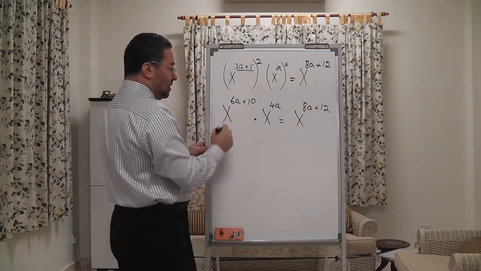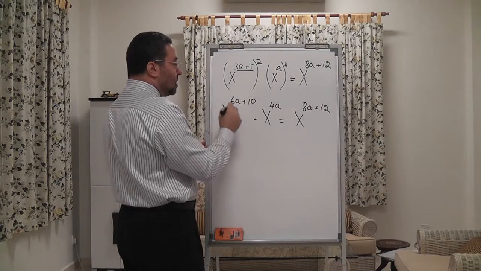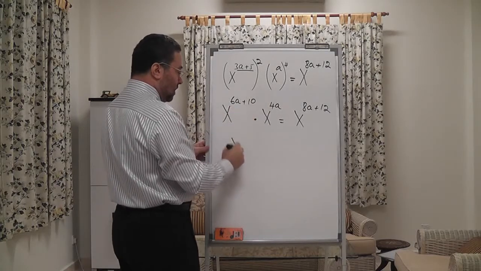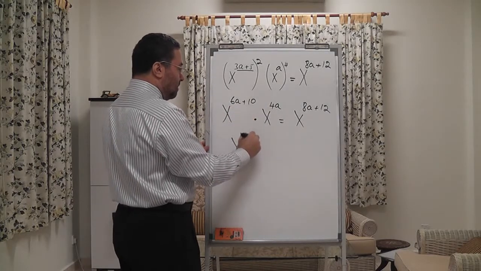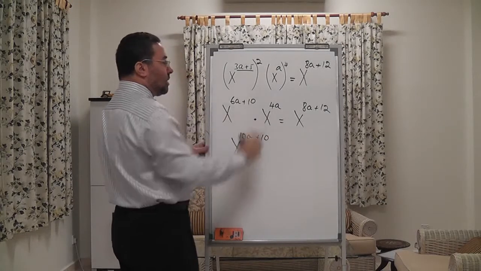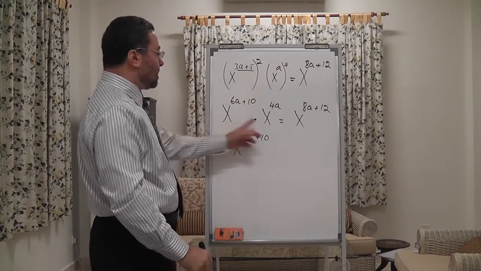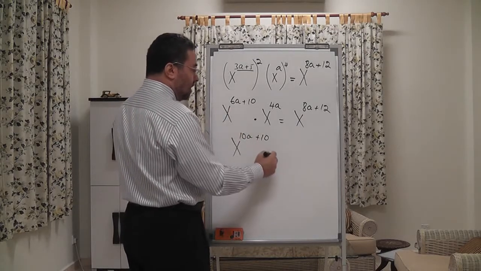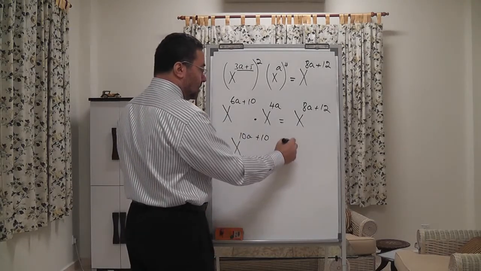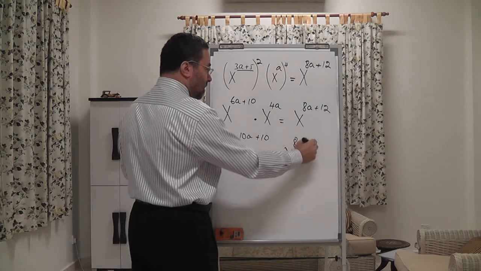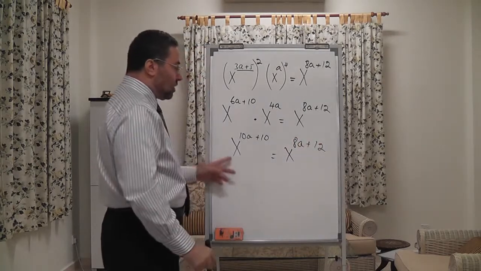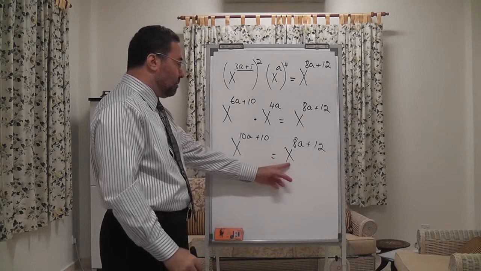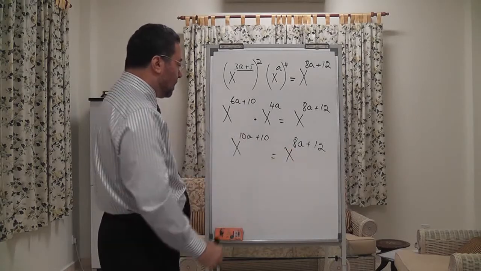Here, these two numbers are multiplied by each other, so we add the powers. So that will be 10a plus 10. We do not multiply the powers. It's a power times a power. So that will give us 10a plus 10, and that's equal to x to the 8a plus 12. Again, if these two numbers are equal, since they have the same base, then these two powers must be equal.